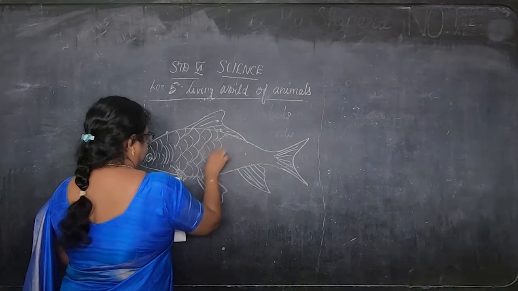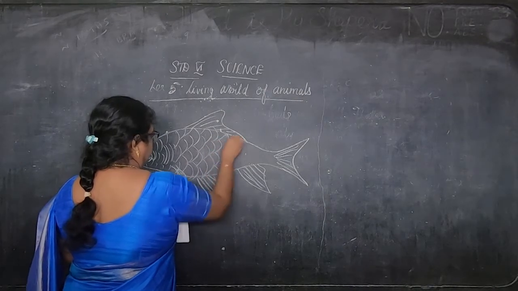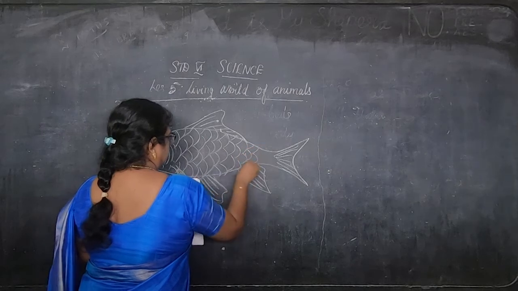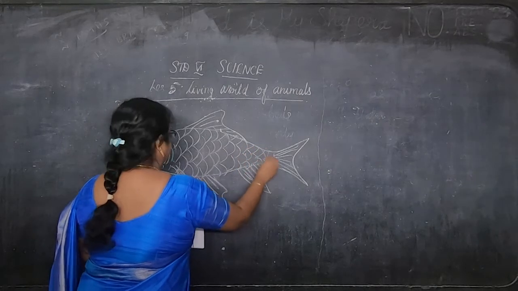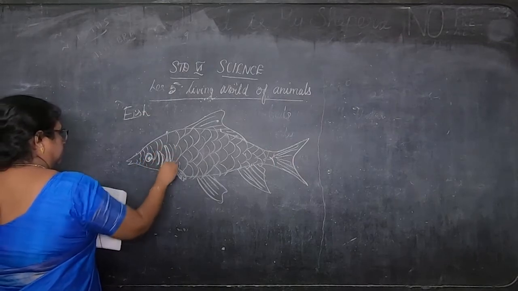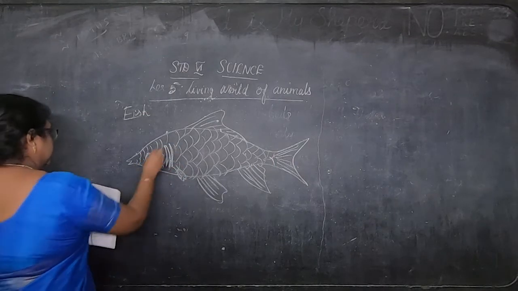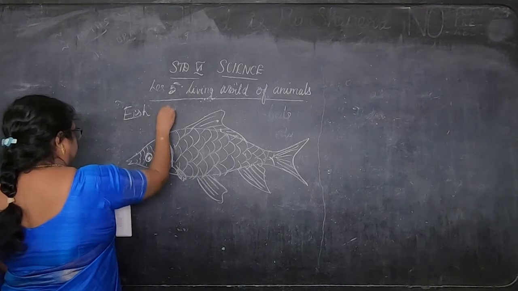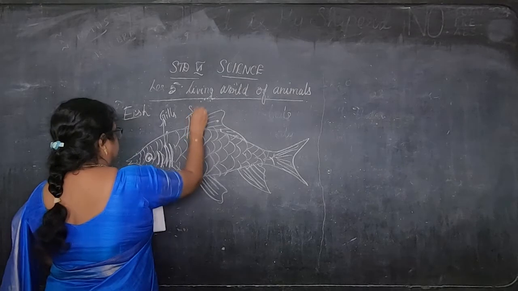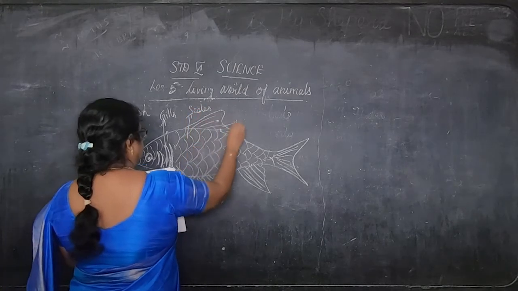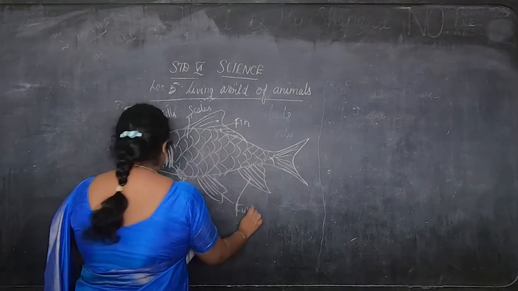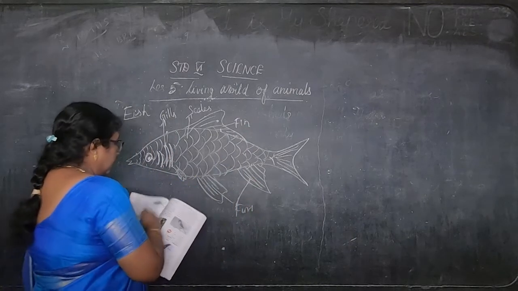About the body features also, I think you know. So these are the fish eyes. This is the gills. Next is the scales. And this is a fin. These are also fins. Then the tail.